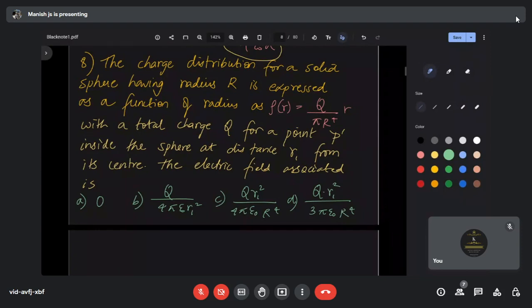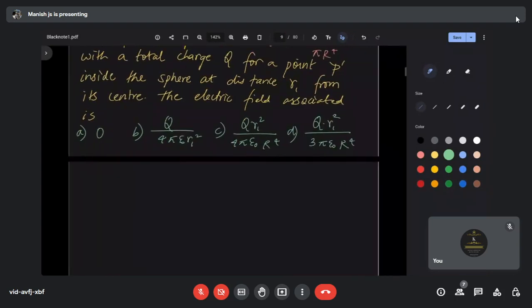So your sphere's outer surface has a radius of capital R from the center. You also have to draw another circle inside it, concentric with the sphere, which passes through point P. So r1 is smaller than capital R. That is the relationship. If you draw the figure you will be able to understand.